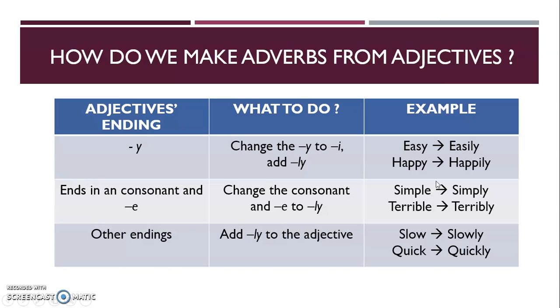So these two endings we scrap off and we replace them with ly. Simple. The adverb would be simply. Terrible, the adverb would be terribly. While for other endings, we just add ly to the adjectives. Okay, for example, slow becomes slowly, quick, quickly.